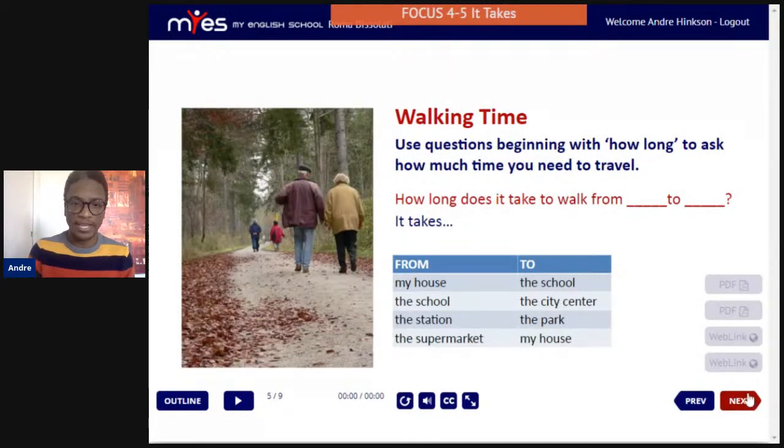So let's look at walking again. So we have walking from my house to the school, from the school to the city center, from the station to the park, and from the supermarket to my house. So let's look at these times for traveling between these locations.